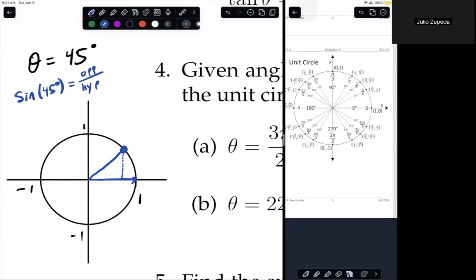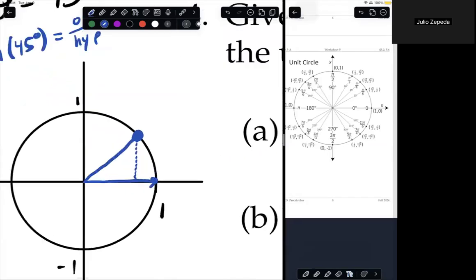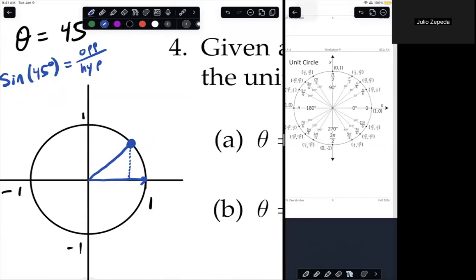We can draw a triangle using that 45-degree angle, and then dropping down a perpendicular, there's my dashed line that is perpendicular to the positive x-axis.